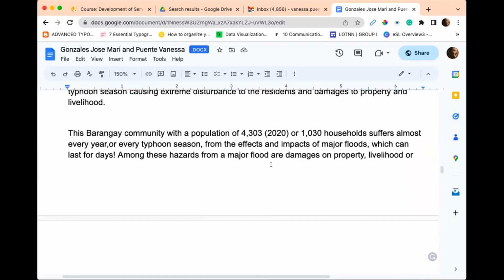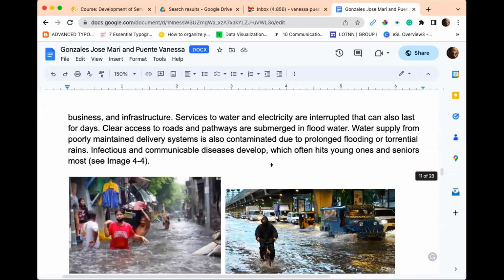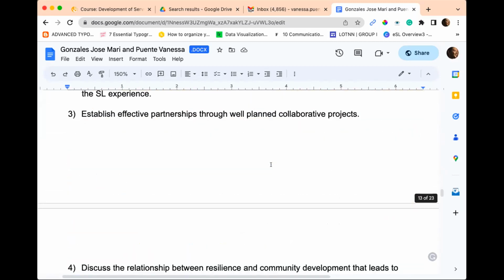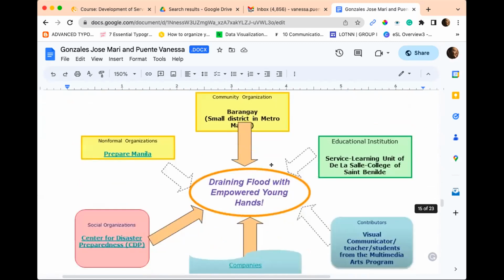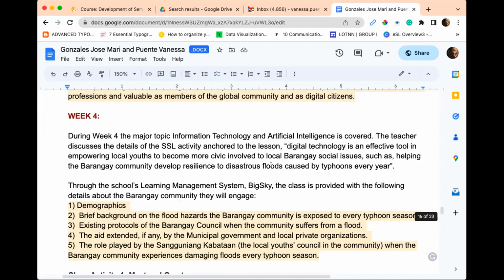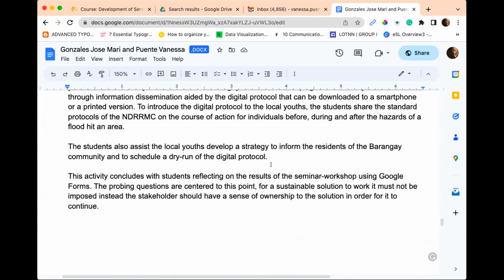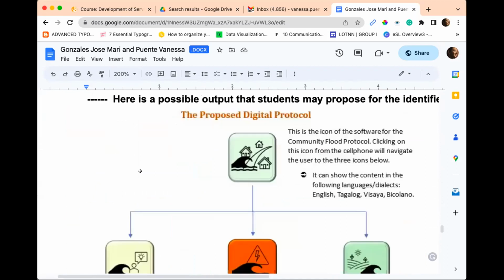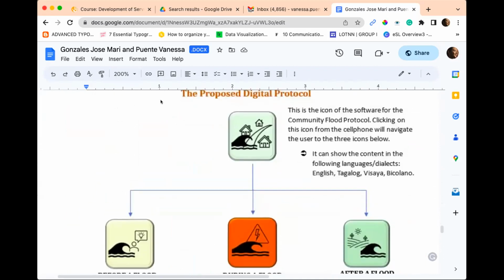So eventually the output that students will have would be, of course, an application by which it will constantly inform the local community of what to do before, during, and after the damaging flood. So this is an example of a template of what students will actually be developing.